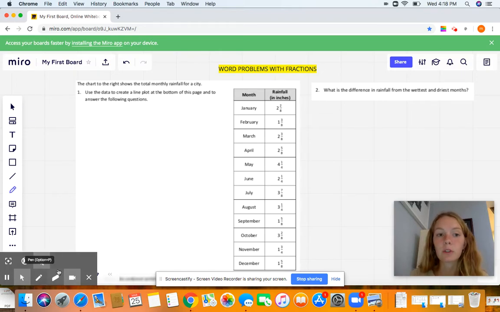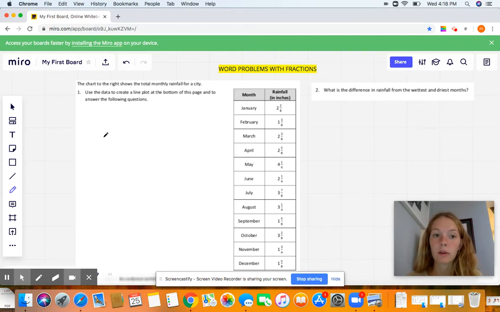So in this first question, it says, use the data to create a line plot, or line graph, at the bottom of this page and to answer the following questions. So when we're making our line graph, we need to figure out what is the smallest number, so we know where to start our line graph, and what's the biggest number, so we know where to end our line graph. So let's look at our data.